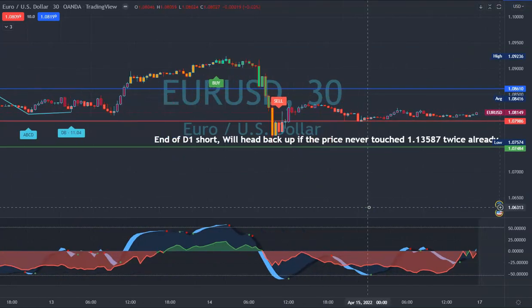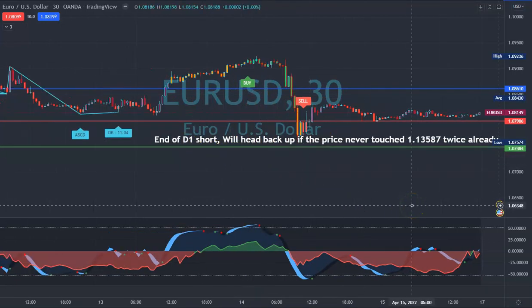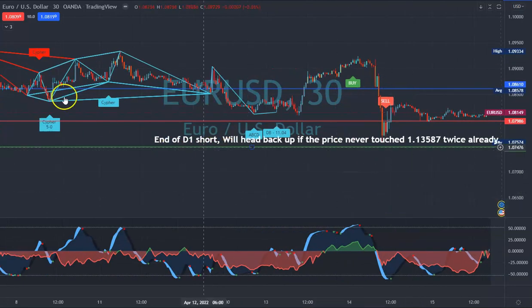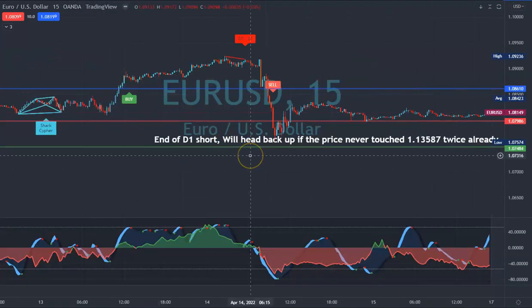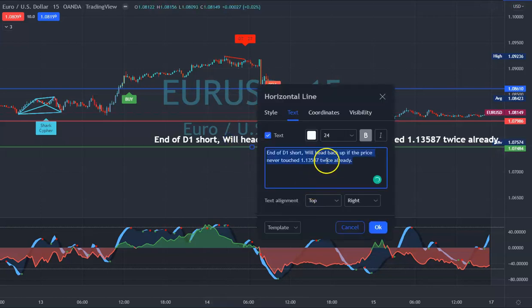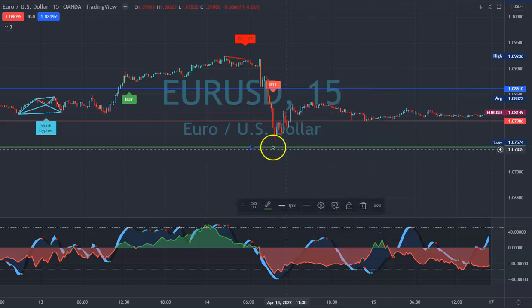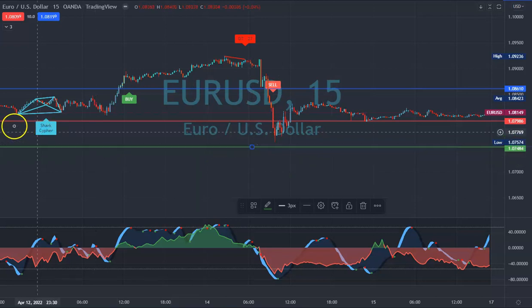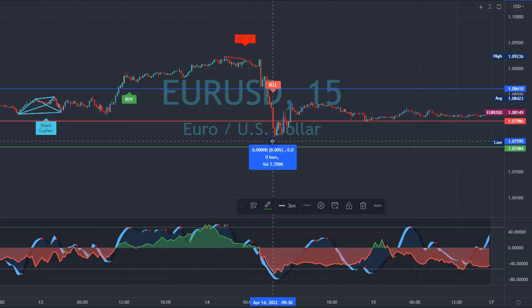No way. It tapped the target? Know how long I've been waiting for that? Hold up. I can't see it. Oh my gosh. How am I going to measure this?